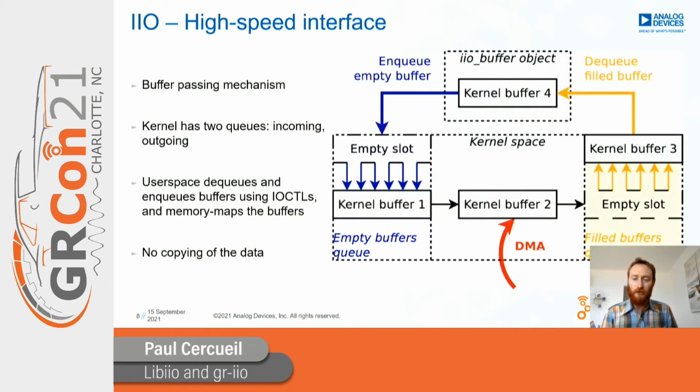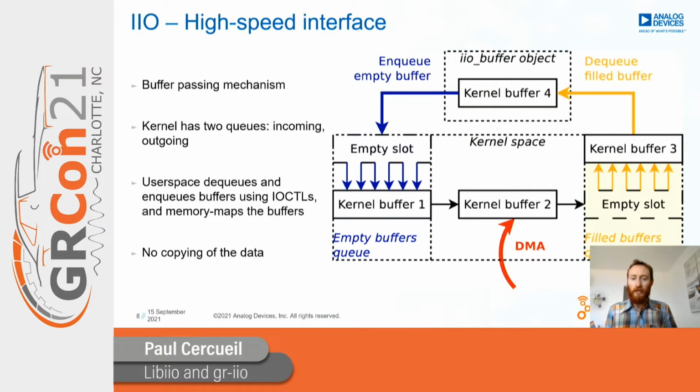To address this issue, Analog Devices developed a high-speed interface. It consists of a pool of buffers that are shared between the kernel and the user space. The kernel has two queues, one incoming queue and one outgoing queue, and it will endlessly pick one buffer from the incoming queue, fill it with the data coming from the DMA, then put it, when it's filled, to the outgoing queue.